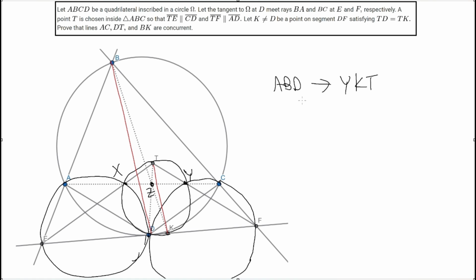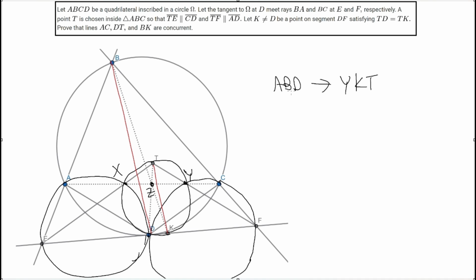So if we show that these guys are homothetic, meaning that there's a homothety sending one to the other, then because Z is the intersection of these guys, that intersection must be Z, and therefore that's the center of homothety. So we just need to prove that the homothety sending this one to this one exists.